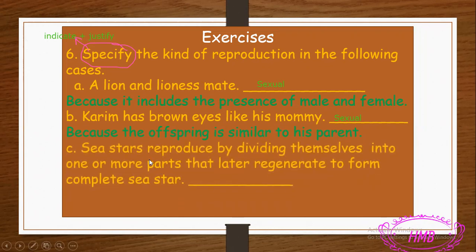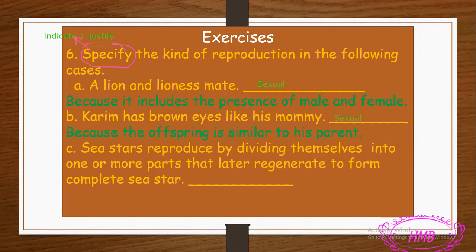Sea stars reproduce by dividing themselves into one or more parts that later regenerate to form a complete sea star. We are talking about a living thing, the sea star. They are telling us about its reproduction.